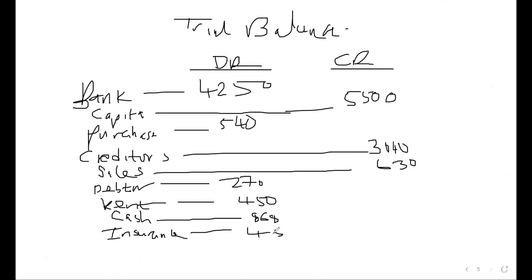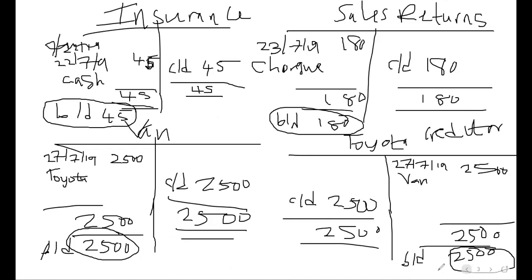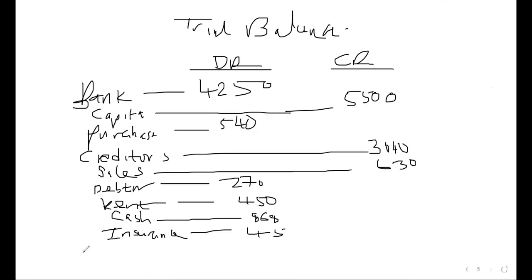What else are we having? The van, 25. Then we're also having sundry expense. It is 67.